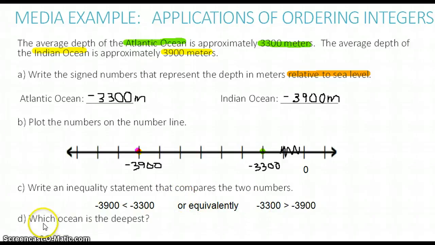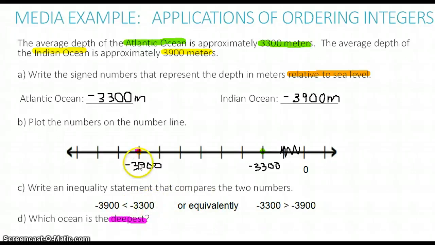Now the next question asks, which ocean is the deepest? So the deepest is referring to relative to sea level, but deeper would be further down in the ocean, which would be more meters away. So this is another case where the absolute value or the magnitude and the ordering in an inequality statement could have different answers.